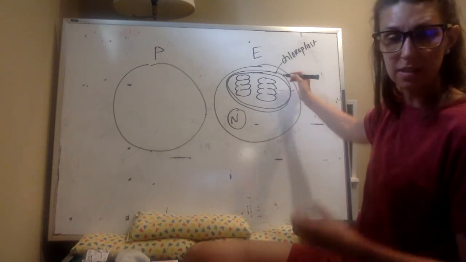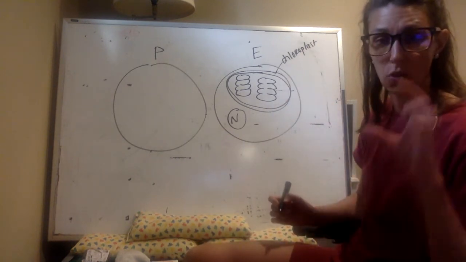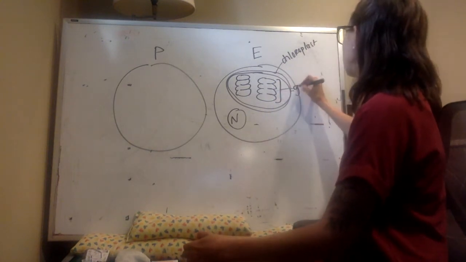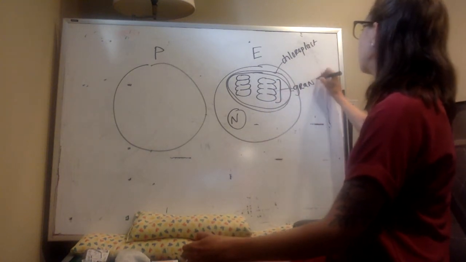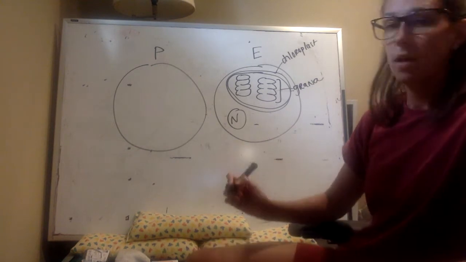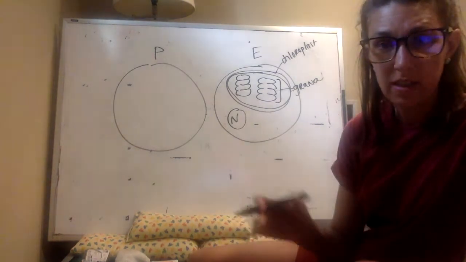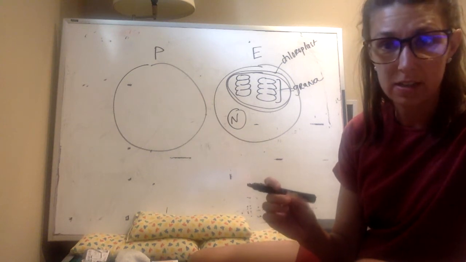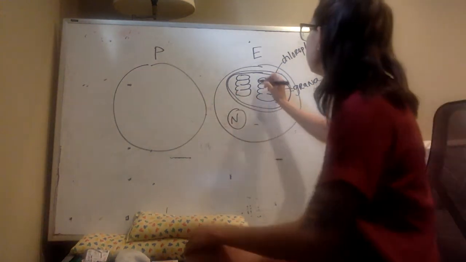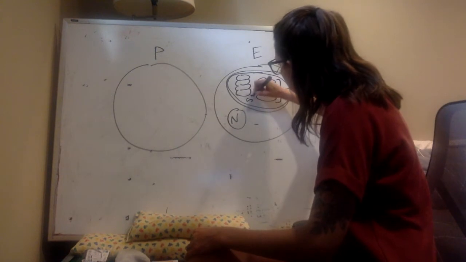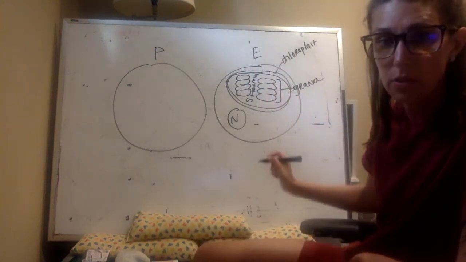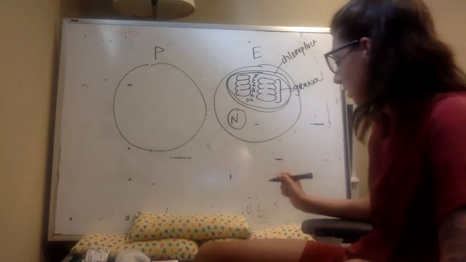It's kind of these stacks of discs, so the whole stack is called grana. The space between the inner membrane and the grana is called the stroma. So that space is the stroma.